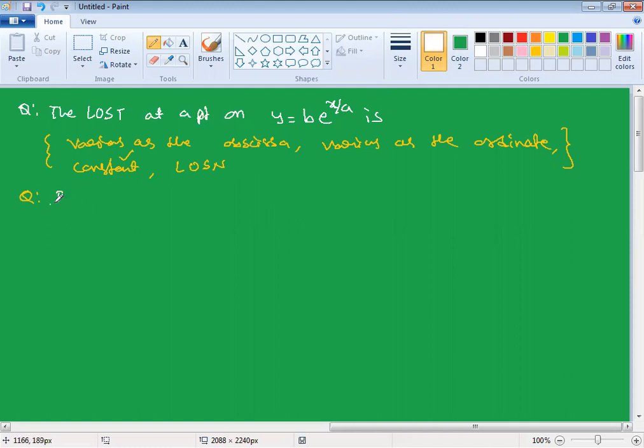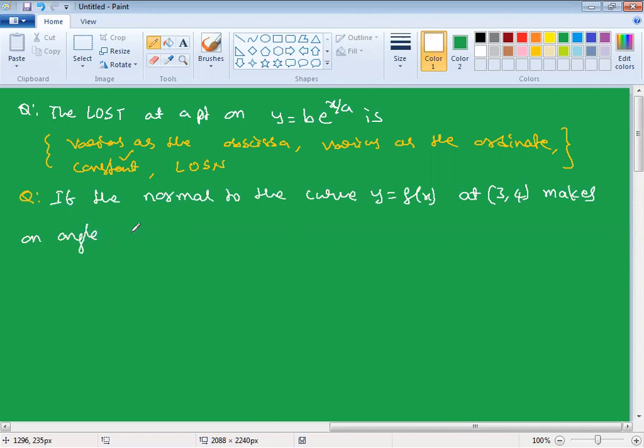If the normal to the curve y equal to f of x at (3, 4) makes an angle 3 pi by 4 with OX, then f dash of 3 is equal to: option number 1, minus 1; option number 2, 1; option number 3, minus 3 by 4; option number 4, 4 by 3. So these are the options. Just try to solve.